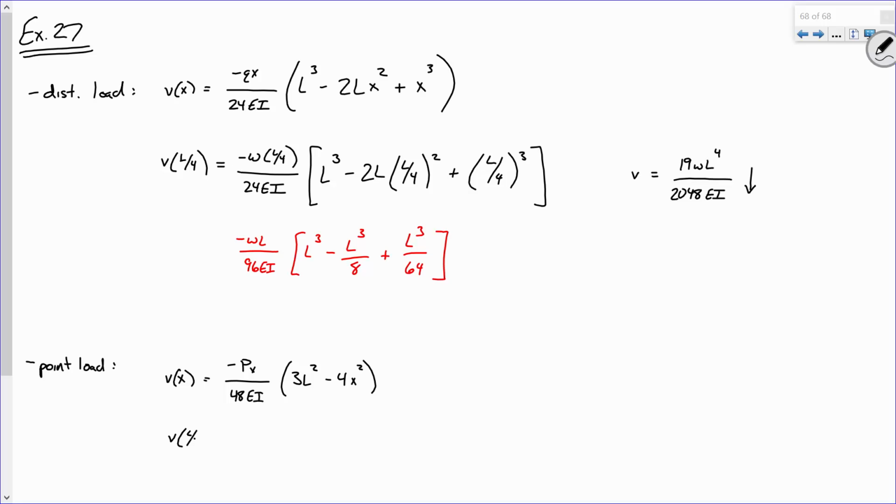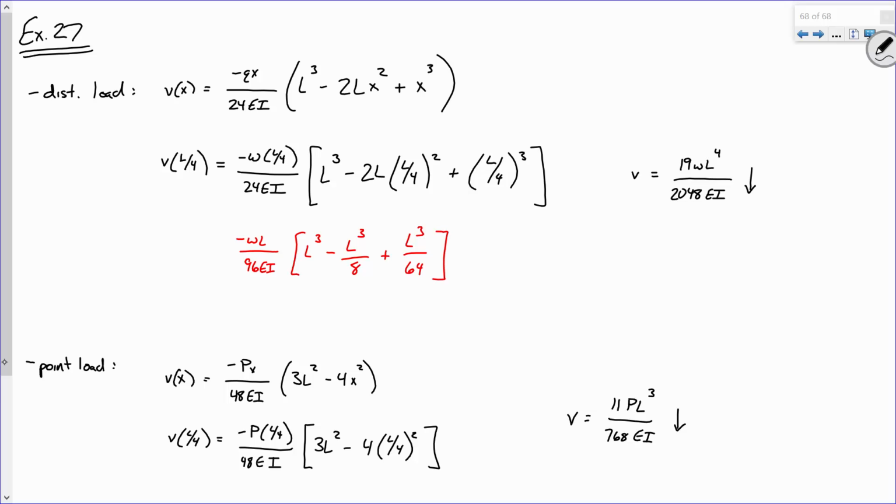So at L over 4, minus P L over 4 over 48 EI, times 3L squared minus 4 L over 4 squared, and you get V is 11 PL cubed over 768 EI down.